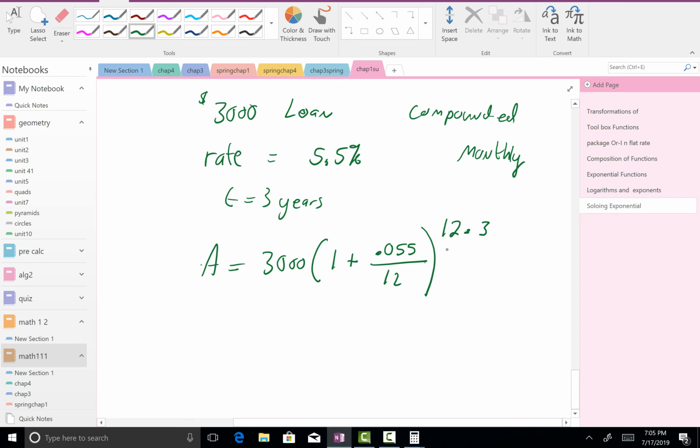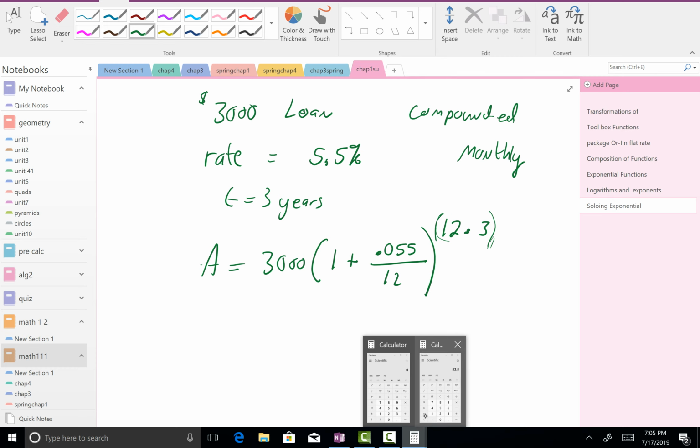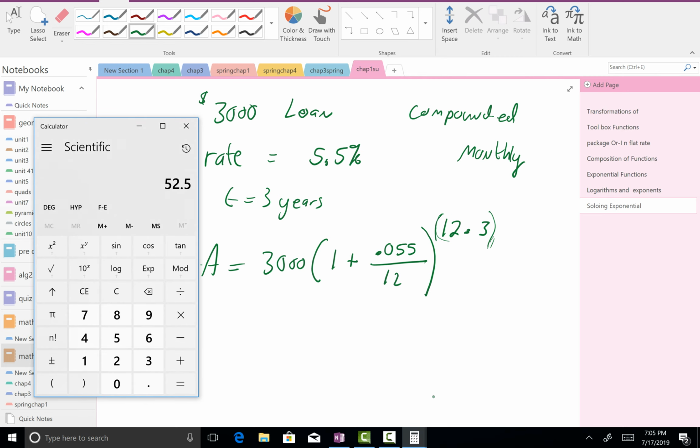Now, when you put it in there, make sure you put parentheses around these things, or else it isn't going to do it correctly. I'm going to try my calculator and see what I get here, although it doesn't work real well sometimes.